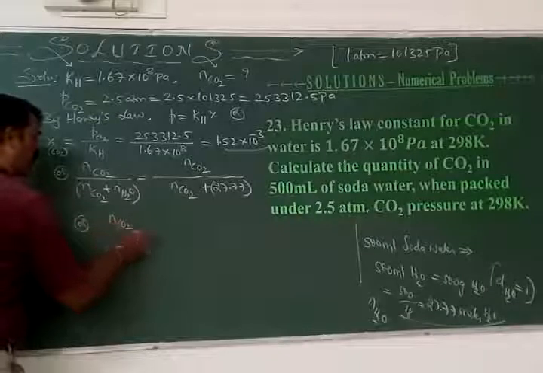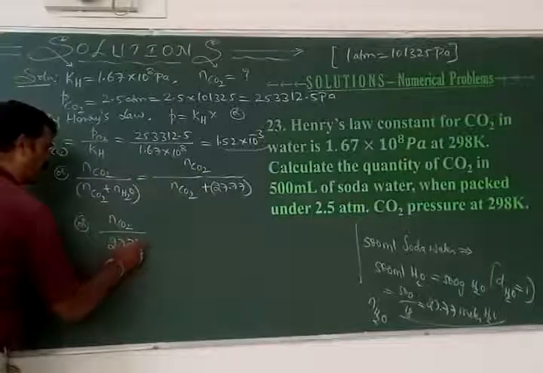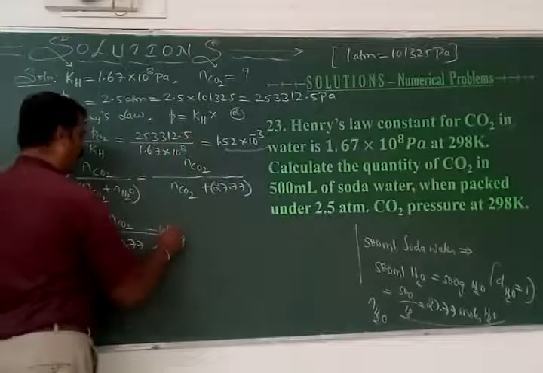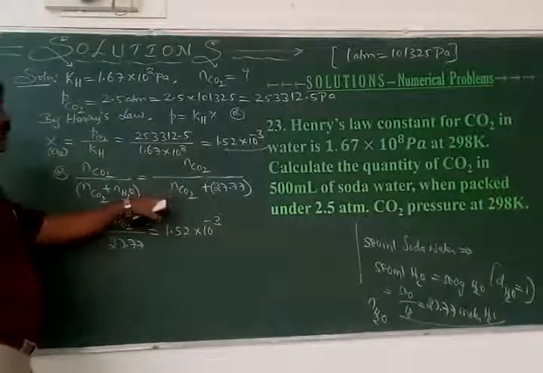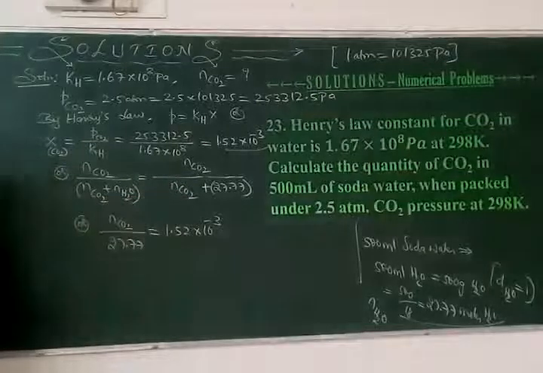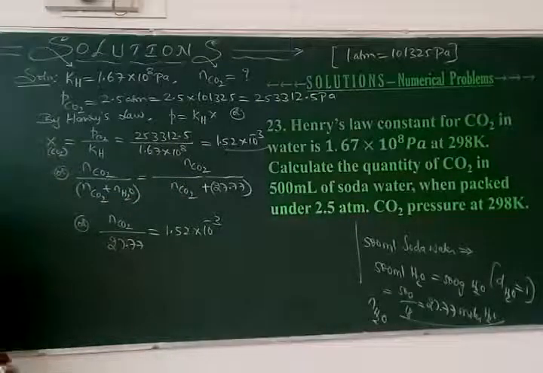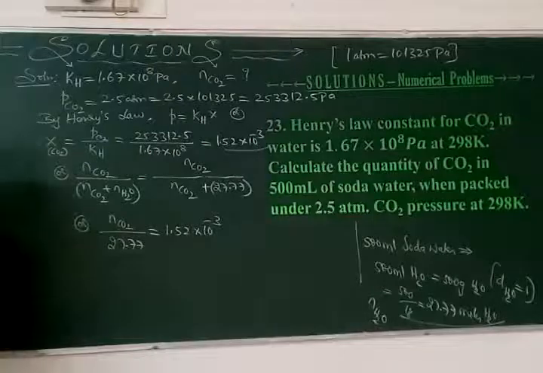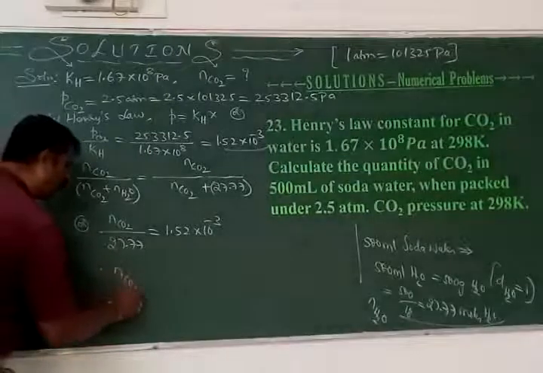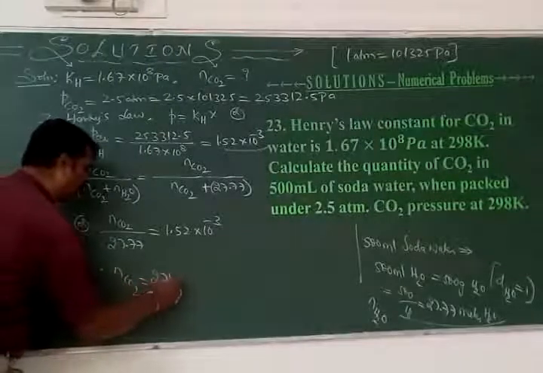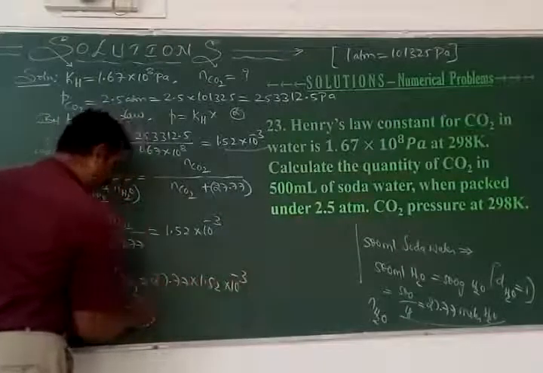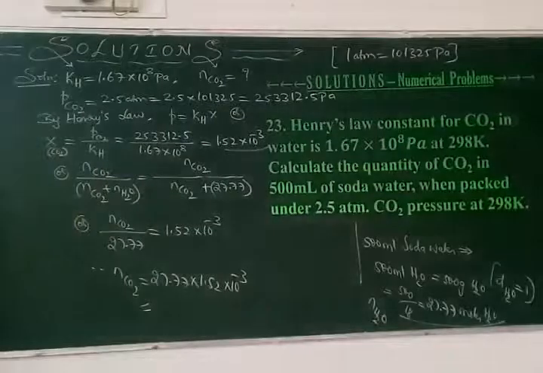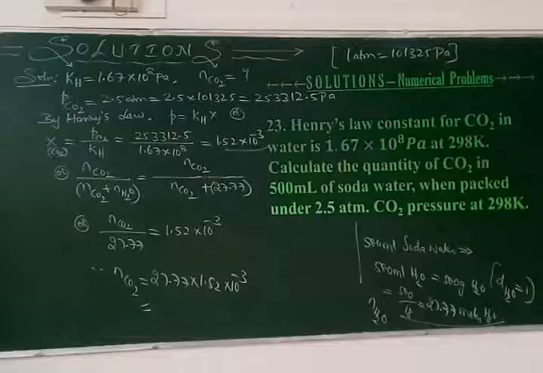Number of moles of the gas is negligible compared to 27.77 moles of water. Therefore, N of carbon dioxide divided by 27.77 is equal to 1.52 into 10 to the power of minus 3. So number of moles of carbon dioxide is 27.77 into 1.52 into 10 to the power of minus 3, which on simplification is equal to 0.0422.